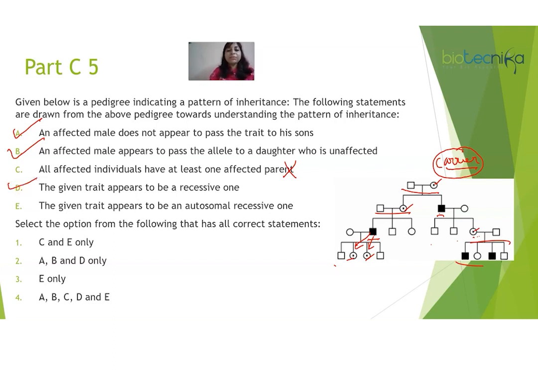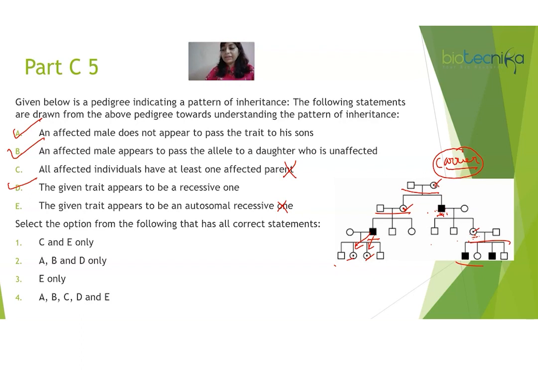E, the given trait appears to be autosomal recessive. Now that is wrong. Why? Because it is showing a crisscross pattern of inheritance. As you can see here, the mother is a carrier, but the son is affected. Now the father is affected and he is passing the causative allele to the daughters here, so the daughter is a carrier.